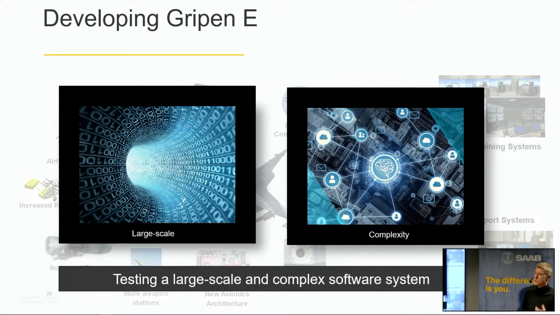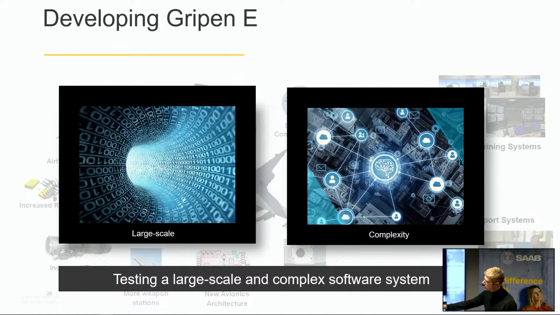So when it comes to testing, it's very much about how you test a large-scale and complex software system, and why is this about software? That is because from the beginning of the Gripen project, from the first versions that we started development on during the 1980s, there was already a strategy that as much functionality as possible should be implemented in software, and that's still the strategy.